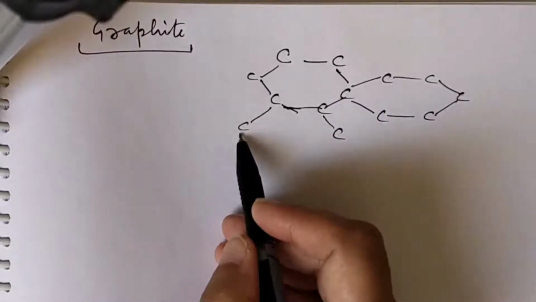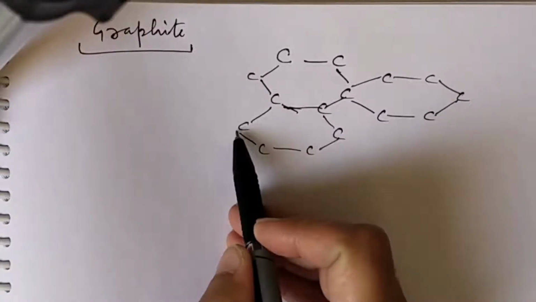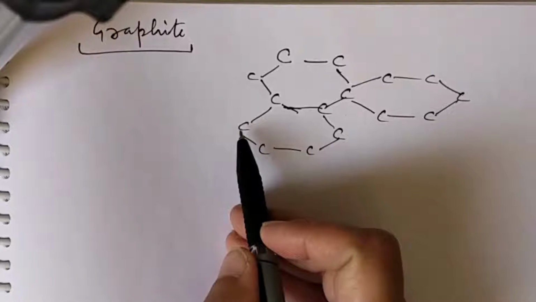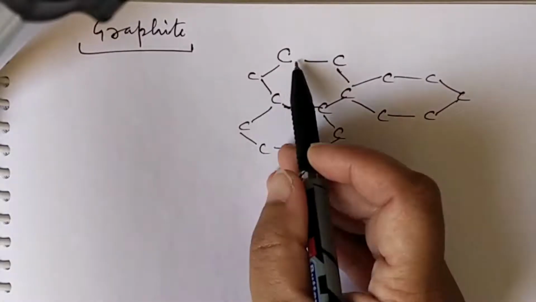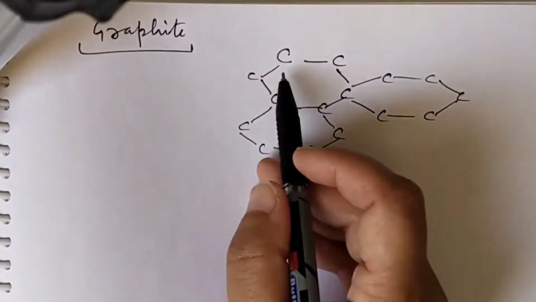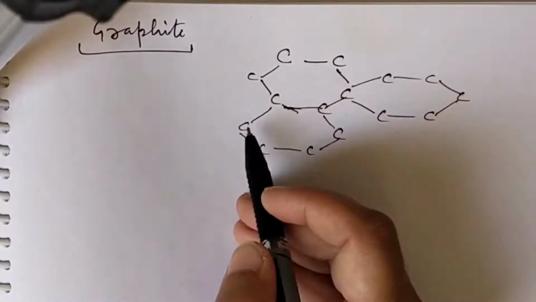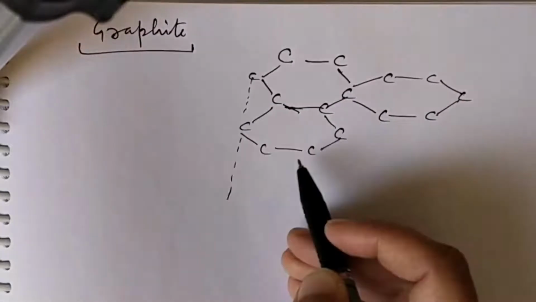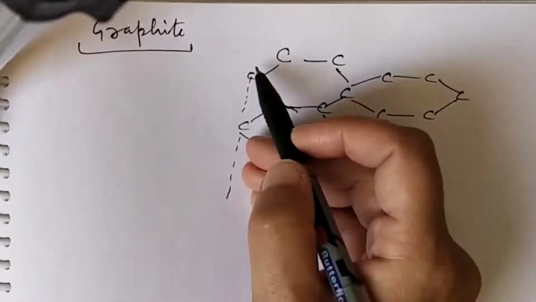what is most important is that there is one free valency existing in graphite. Only three covalent bonds are formed by each carbon. Every carbon is forming three covalent bonds and one valency is free.